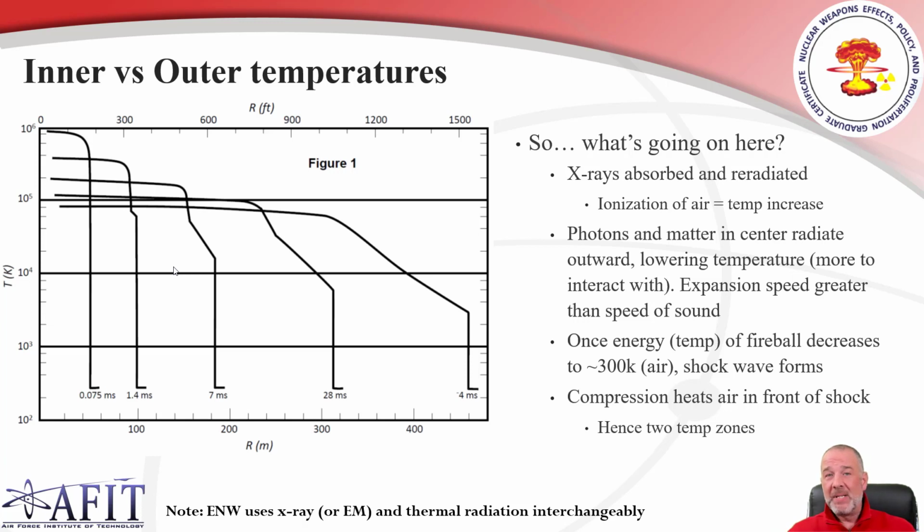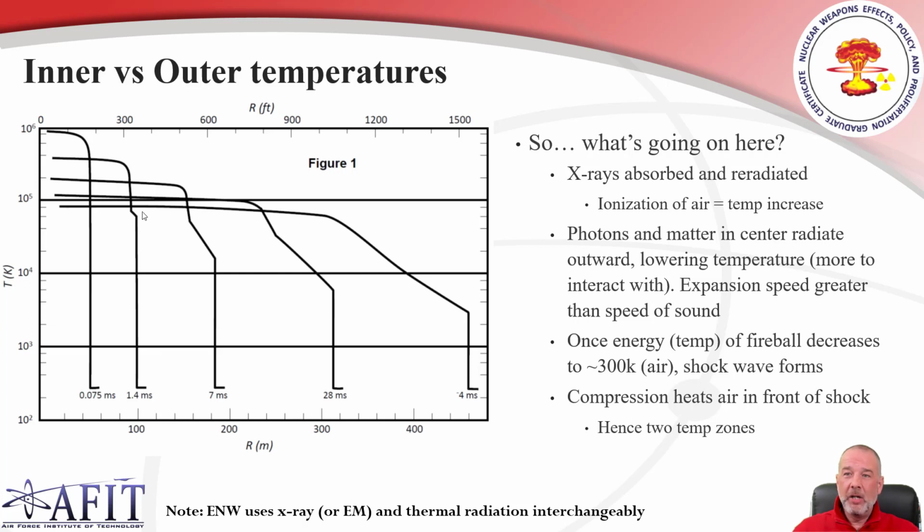Well, what happens after that is that if we look at this second little line on our diagram, we see this little transition point right here. And what this is telling us is that within a certain radius, we have a fireball temperature of a couple hundred thousand degrees, about 300,000 degrees, and that corresponds to about 90 meters, a little bit less.